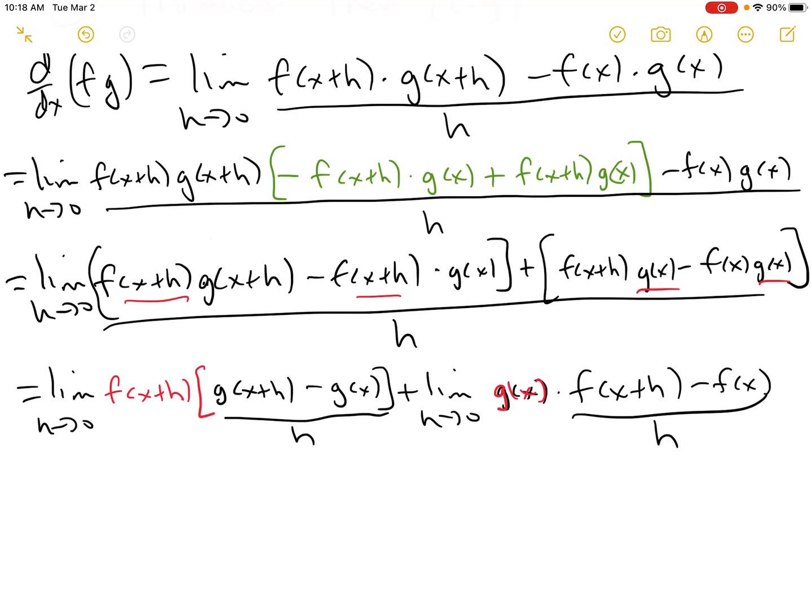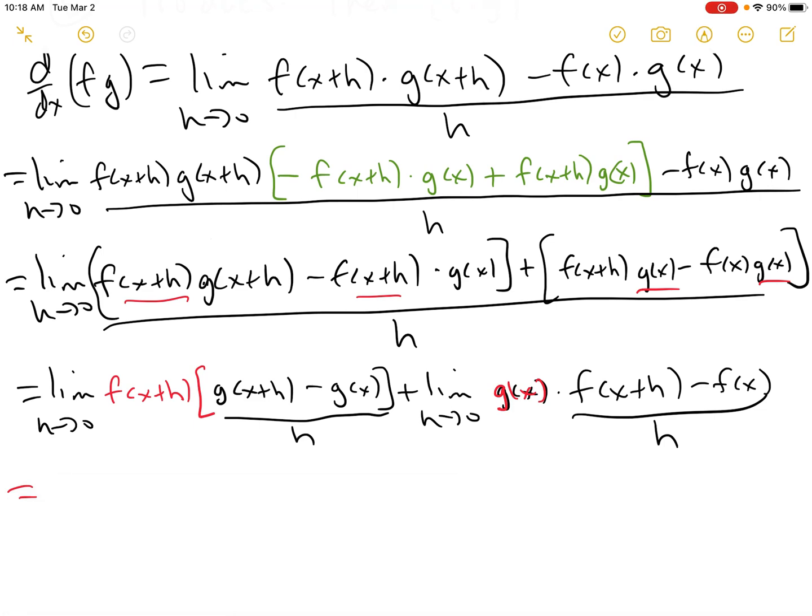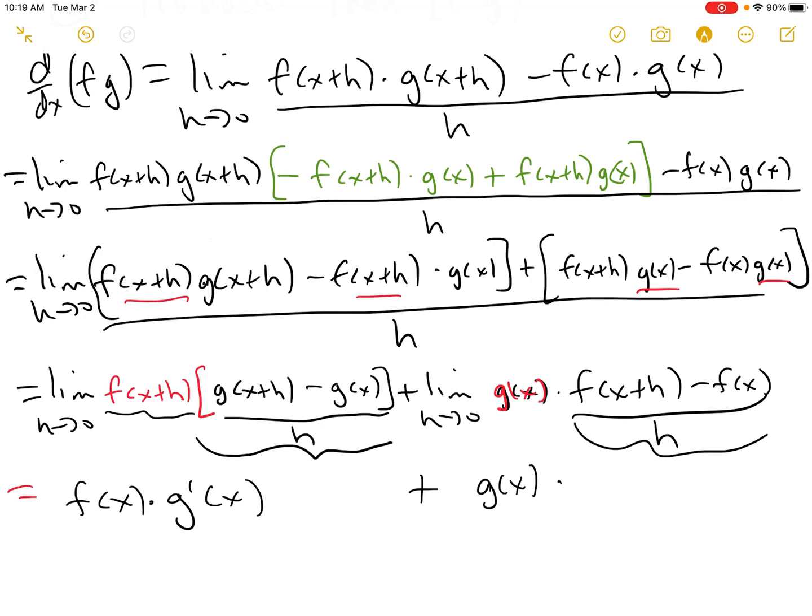Okay, so continuing on, we're almost there. If you take this limit, you get g prime of x. And if you take this limit, you get f of x. So this is f of x times g prime of x plus this g of x stays fixed. And if you take this limit, you get f prime of x.